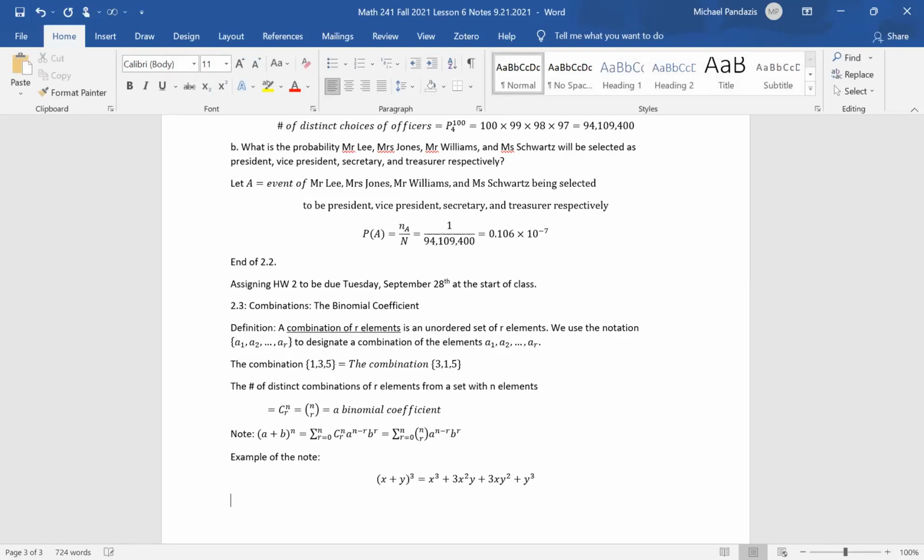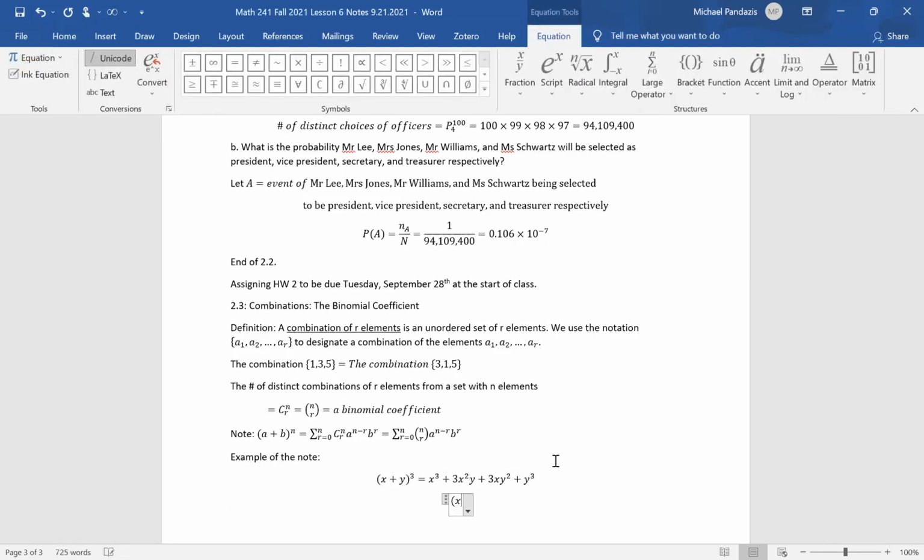Now, you could get this by FOILing. If you did x plus y cubed, it would equal x plus y times x plus y times x plus y. And if you just FOIL that out, you would get an x cubed. You would get a yx squared.